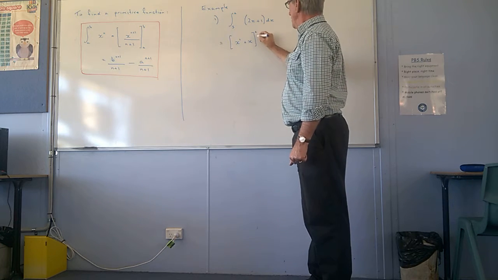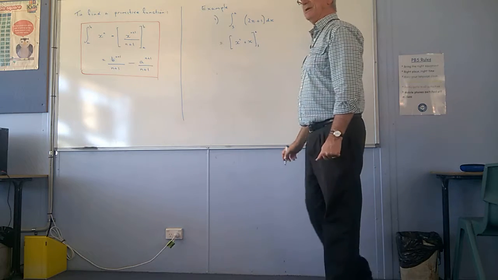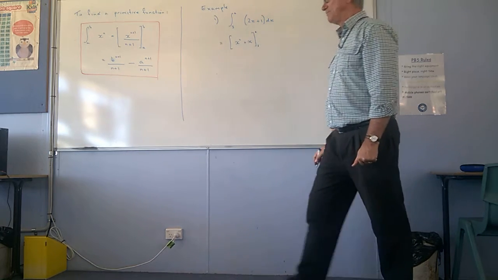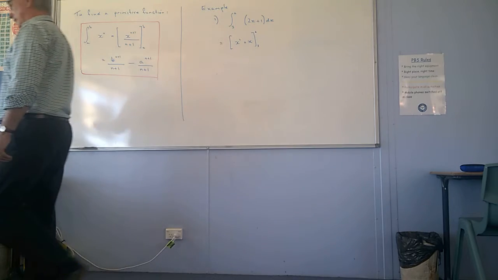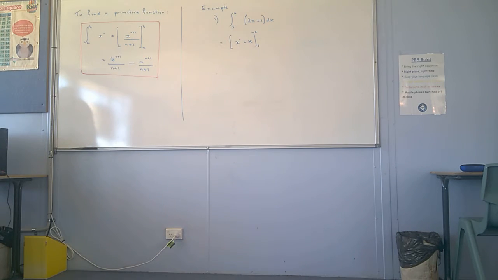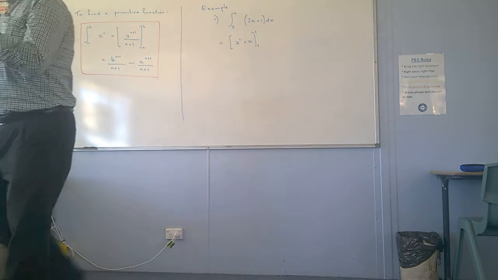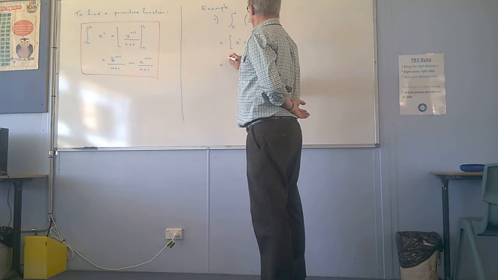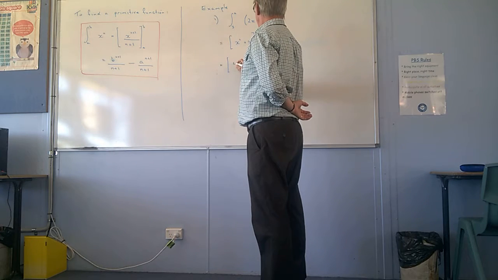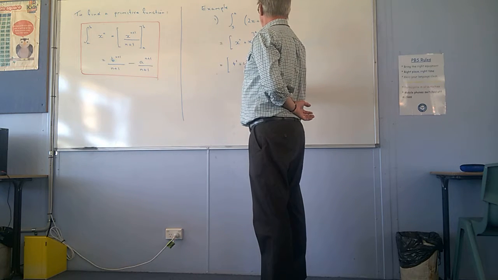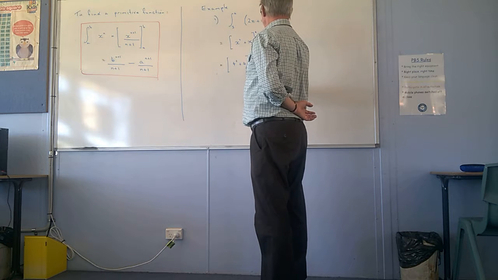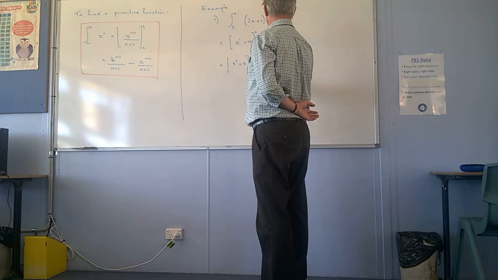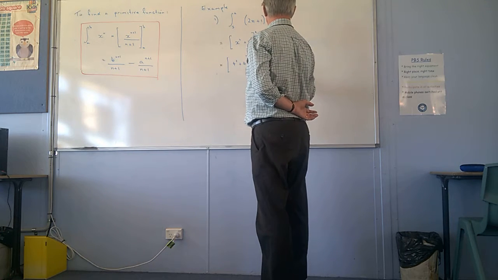From 4 to 3, that's how it's written. Wasn't it 3 to 4? Well, 3 to 4, 4 to 3. The higher number up the top and the lower number down the bottom, that's all. Okay, well that is 4 squared plus 4 minus 3 squared plus 3.